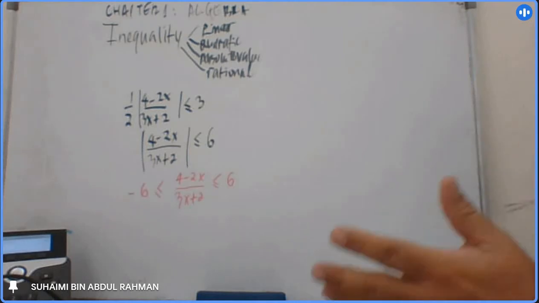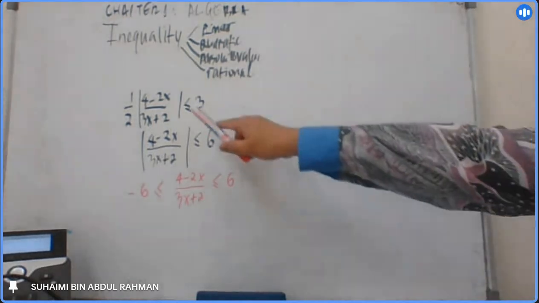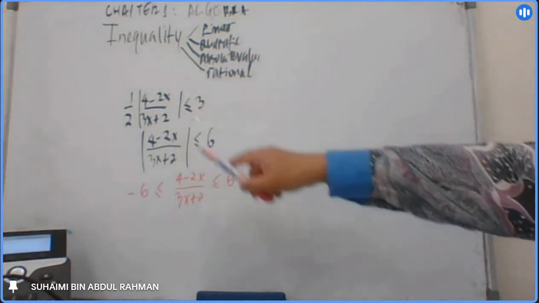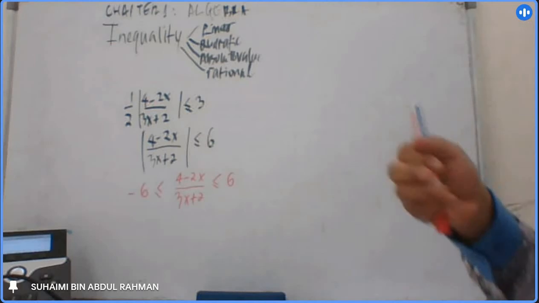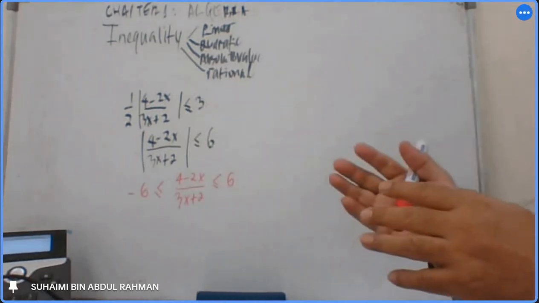If you remember, our previous example was greater than. Greater than is different; we have or. But for less than, now we have and.